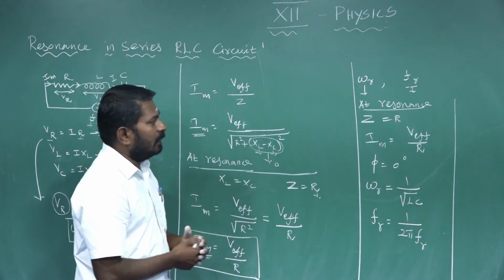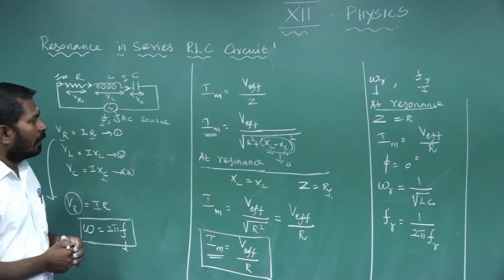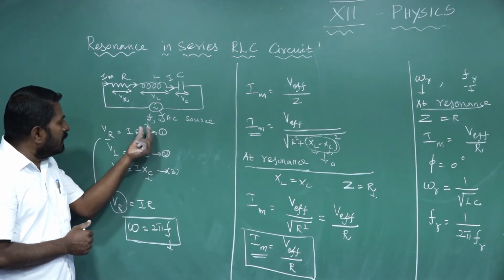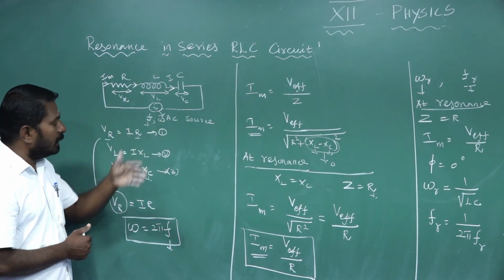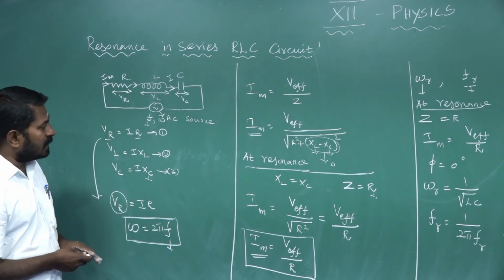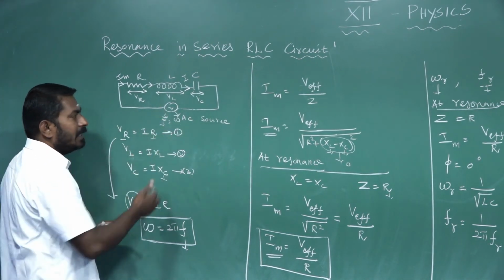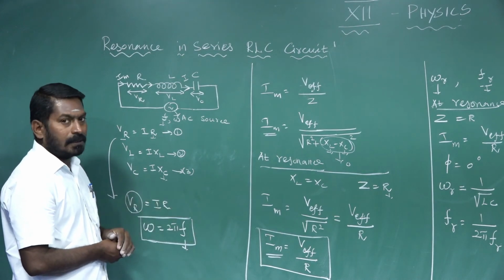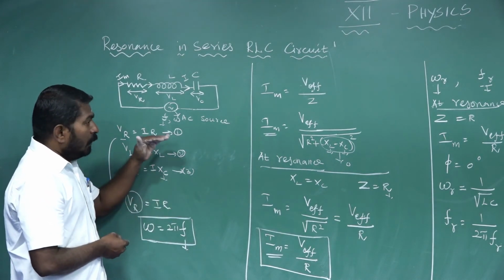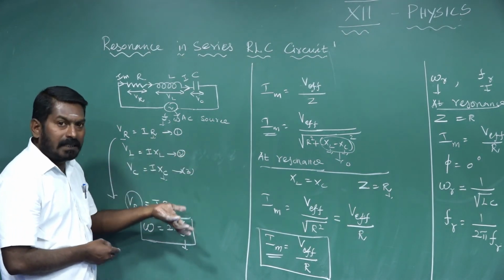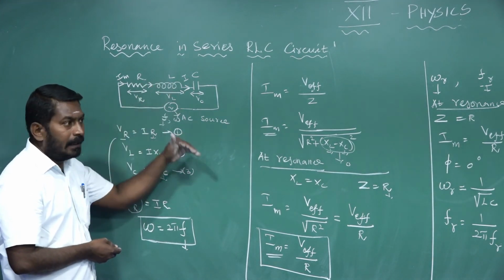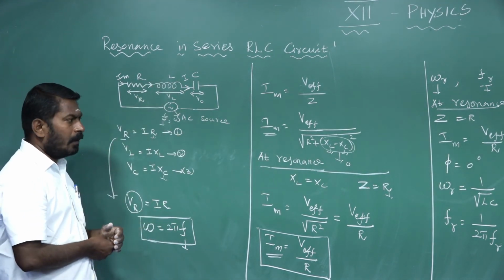So after achieving resonance, what happens when the frequency of the AC source is altered? After achieving the resonance condition, as frequency increases further, net reactance further increases. If net reactance increases, impedance of the series RLC circuit increases, and current through the series RLC circuit decreases after resonance.